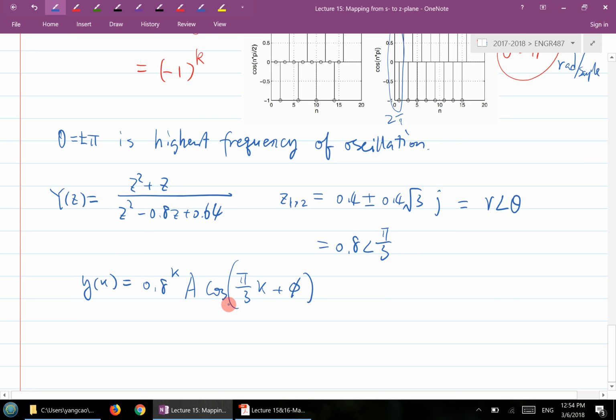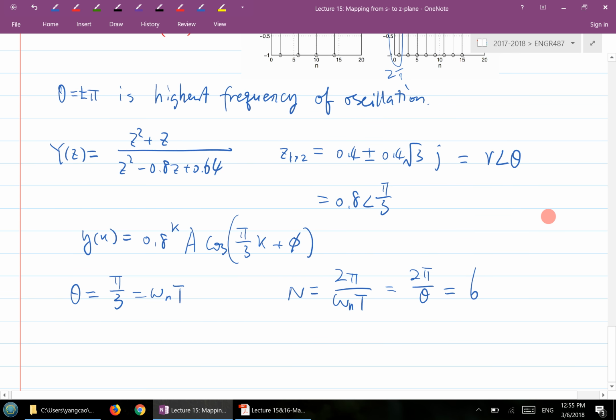So in this particular case, the natural frequency is what? Theta equal to pi over 3, right? So that's your natural frequency, omega n T. And then you can calculate the number of samples per period. Use the formula 2 pi over theta, and you get 6. So there are 6 samples per period.